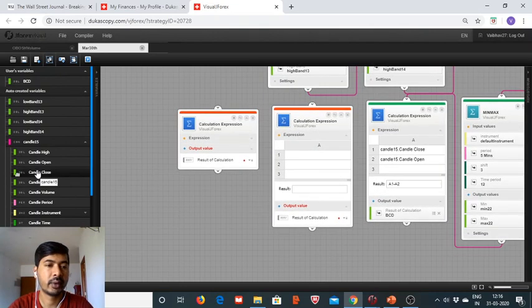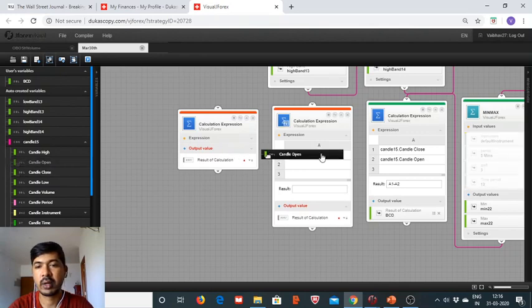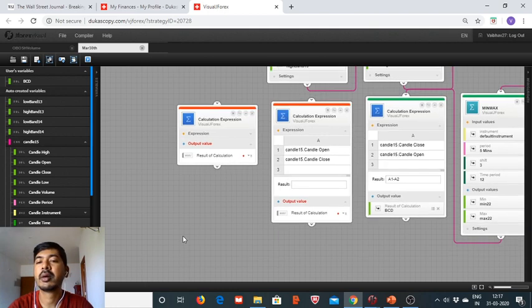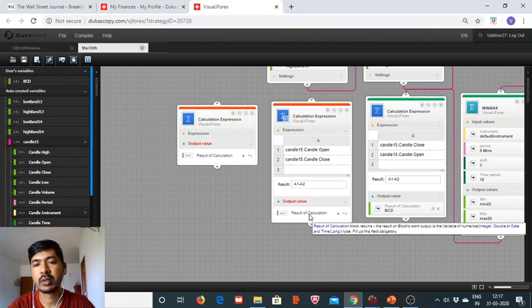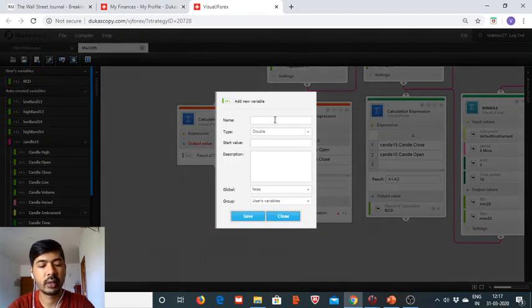So we take candle open here and then deduct the candle close. This should be the sell candle difference.